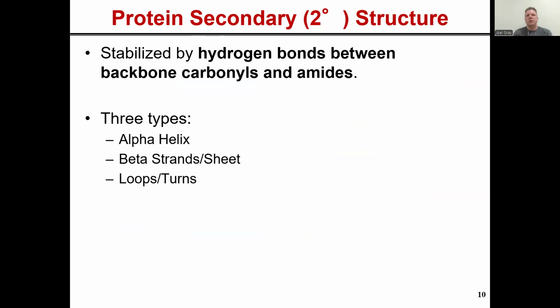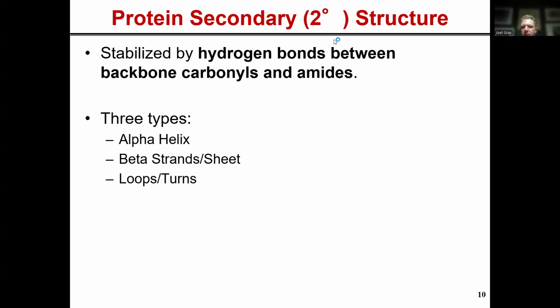Now, this all plays into your protein secondary structure. As I stated previously, the secondary structure of your proteins is stabilized by backbone interactions, and these are hydrogen bond backbone interactions.